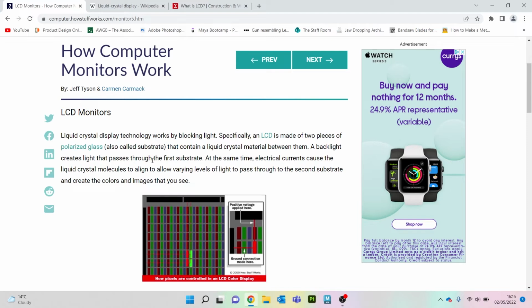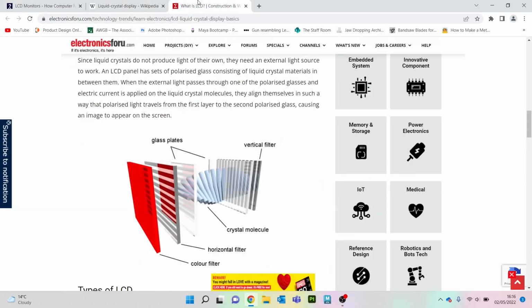Once you've got the substrate, the liquid crystals, and the substrate on the other side, like a little sandwich, an electrical current will determine how much light goes through, and depending on how much current you have going through, that determines what color you have coming through. As you see on this diagram, the electrical current is what causes the light to twist.